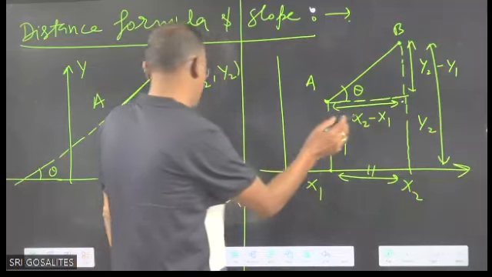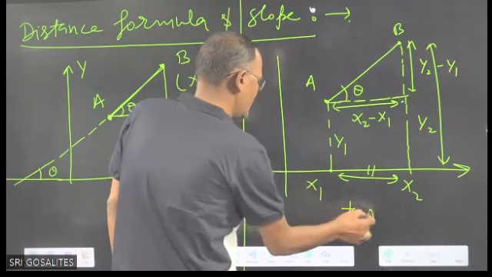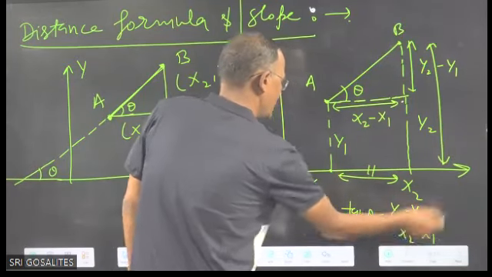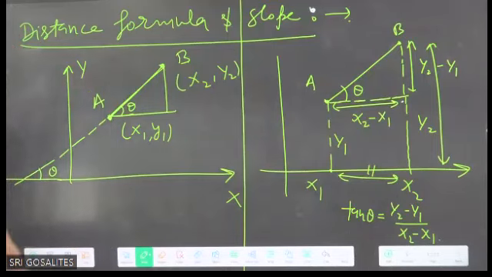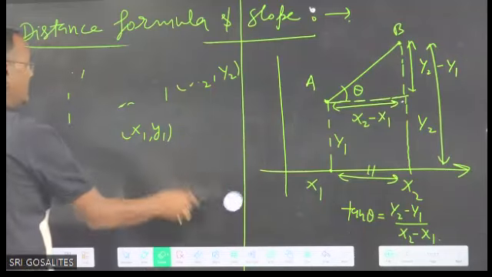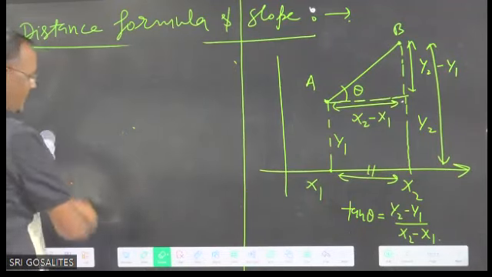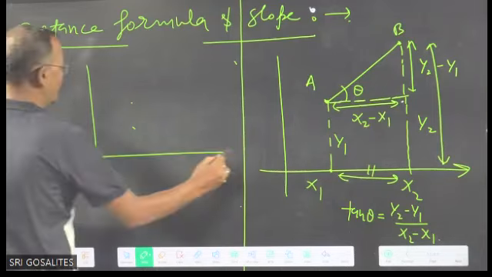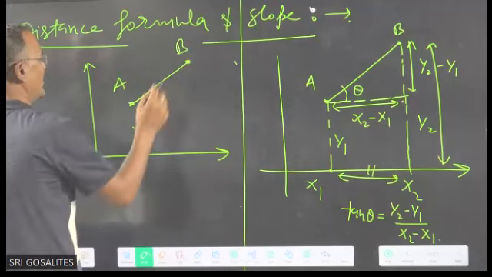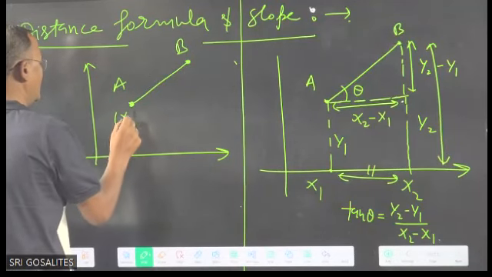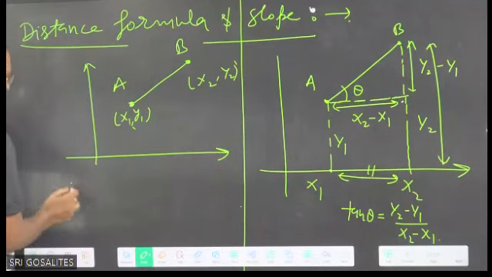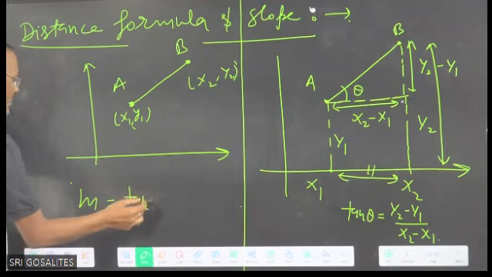So what will be its slope? What is the slope? y2 minus y1 upon x2 minus x1. Okay, so here also we can write as a conclusion: if there are 2 points with coordinates x1, y1 and x2, y2, then the slope of the line joining them is called m, which is equal to tan theta.